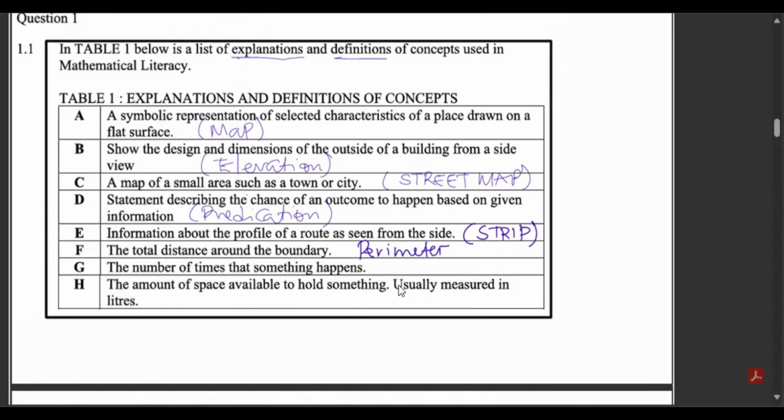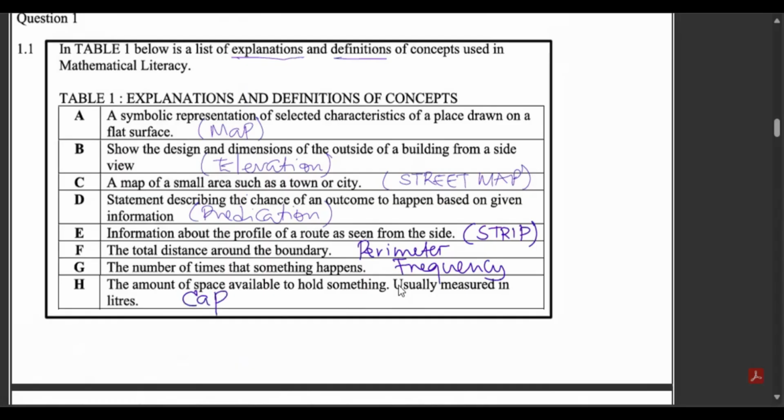Perimeter. Then we are looking at the number of times that something happens. We call it frequency.